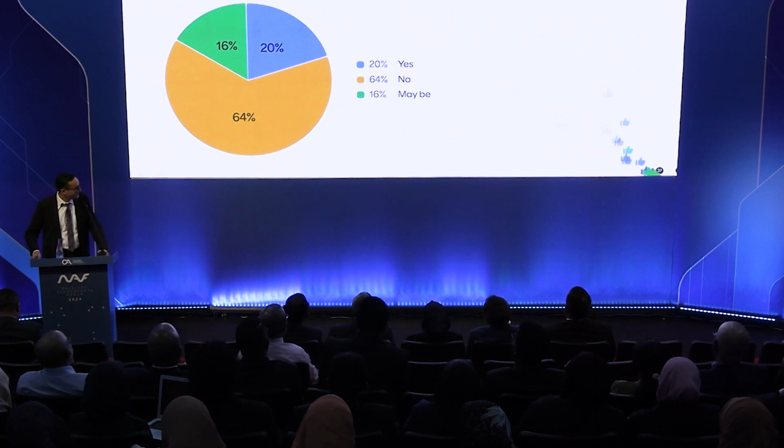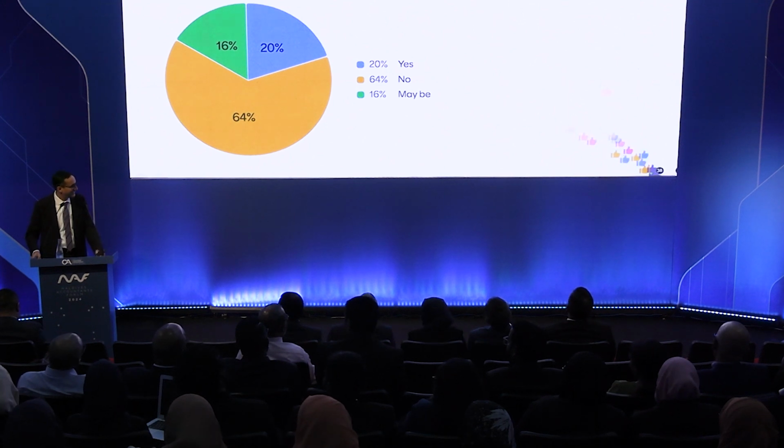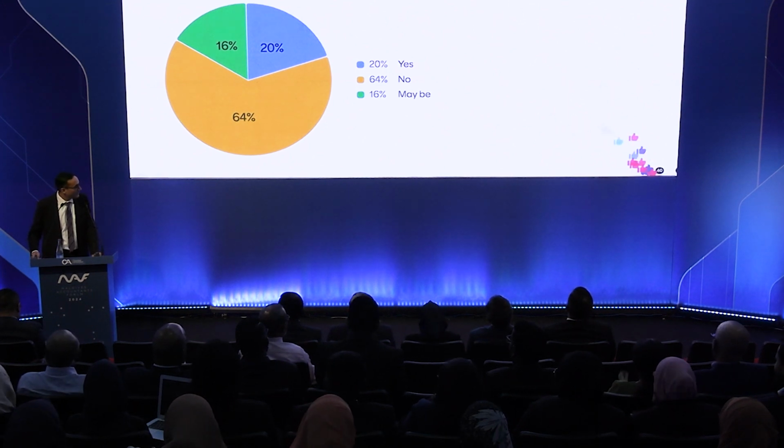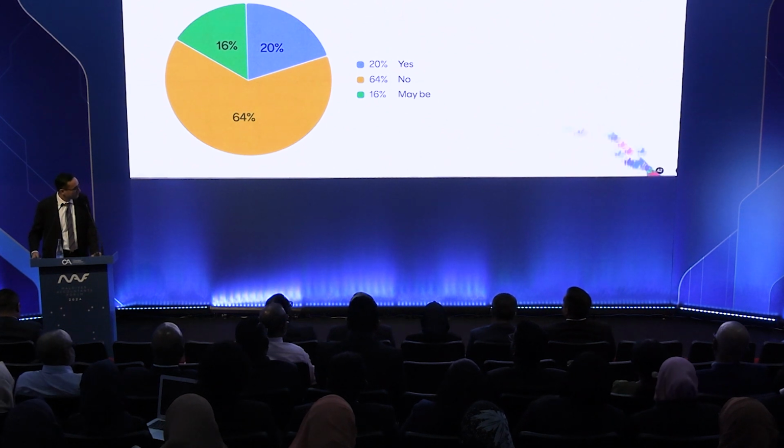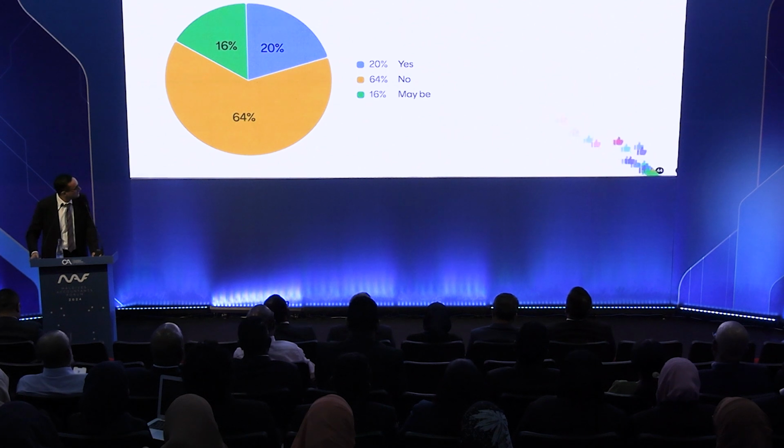It's increasing, okay? Yeah, you have to nudge. Maybe we will wait till it gets to 50 at least, and then we go to the next one. At least 64% say no. 16% are unsure.